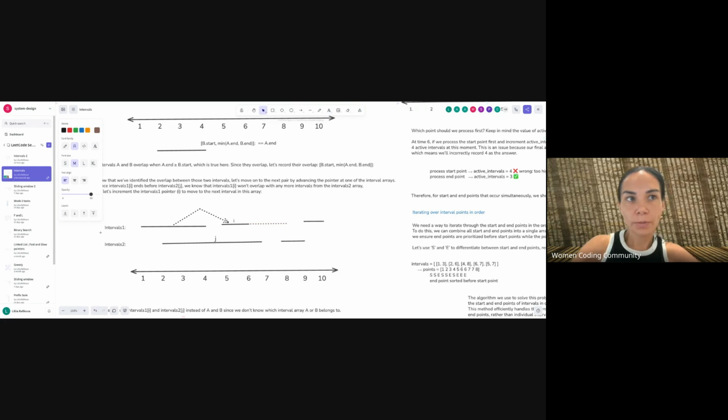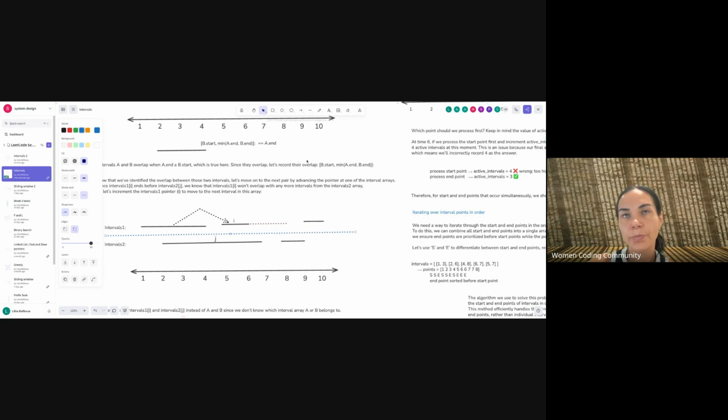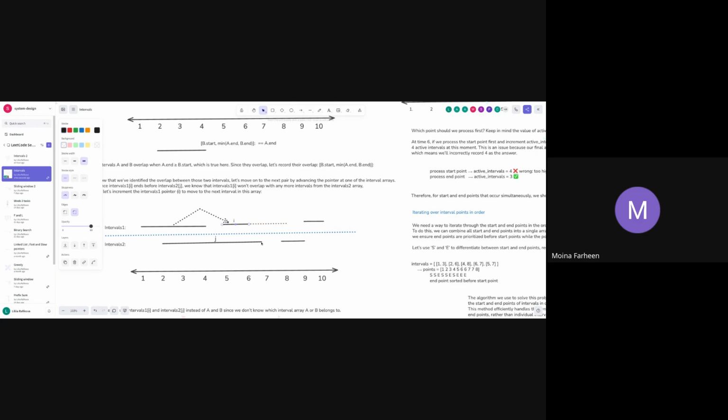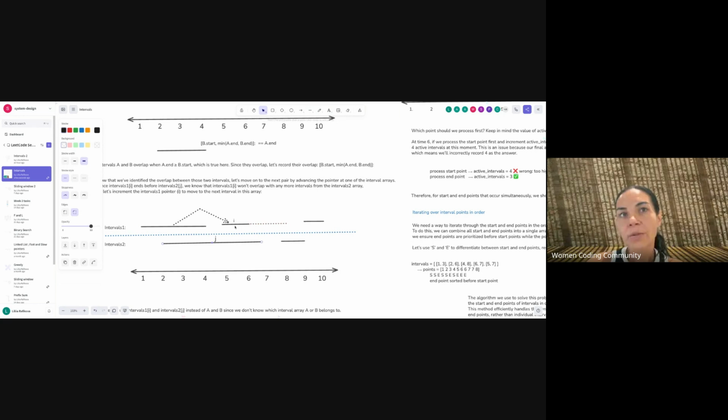We have two sets here, these two different sets, which are sorted by start value. Now, you're saying this one is longer, right? Yeah. But this one is already ended, right? And we know that because this set contains non-overlapping intervals sorted by start, it means it's already ended.